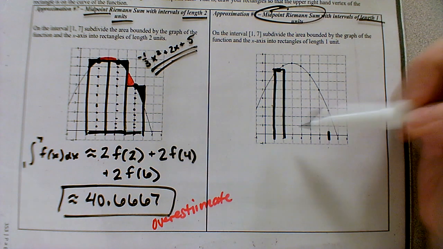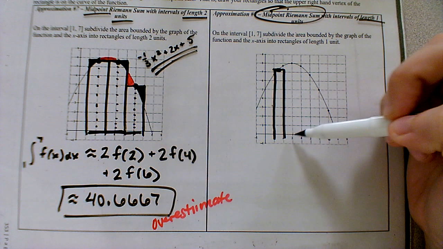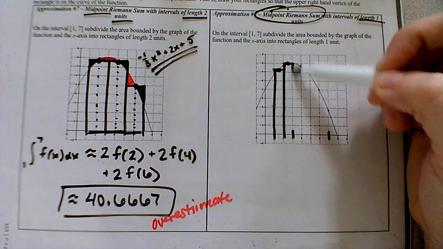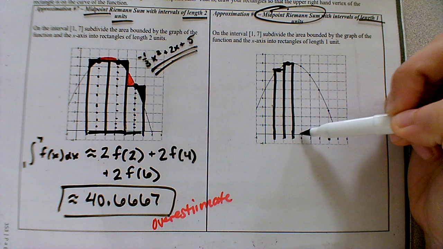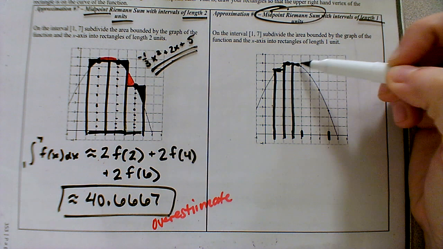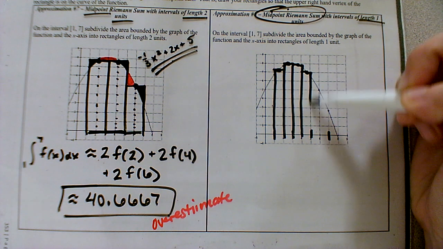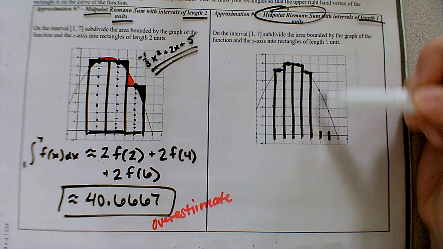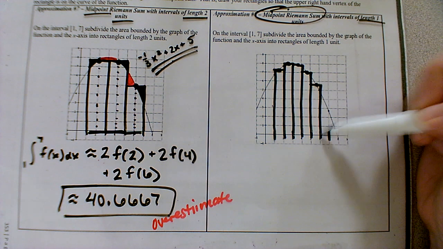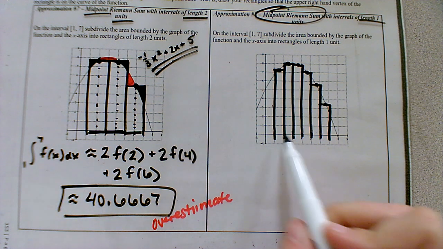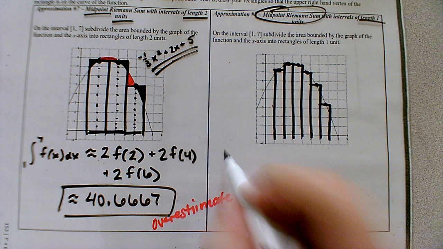Okay, I'm going to repeat the pattern for all the other rectangles. Go from 2 to 3, and then the middle, 3 to 4, and then the middle, 4 to 5, in the middle, 5 to 6, in the middle, and then 6 to 7 in the middle. So we have 1, 2, 3, 4, 5, 6 rectangles this time.